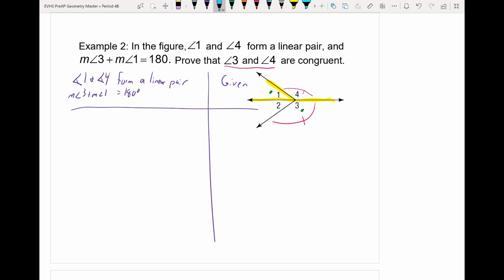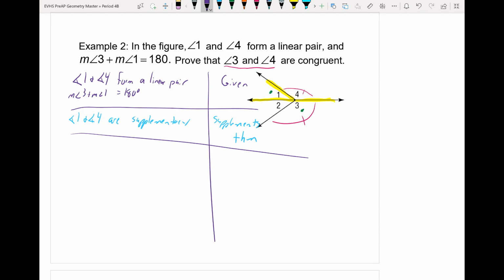Well, if I look back at the supplements theorem, the supplements theorem says that if two angles form a linear pair, then they are supplementary. So I know that angle 1 and angle 4 are supplementary because they are a linear pair.